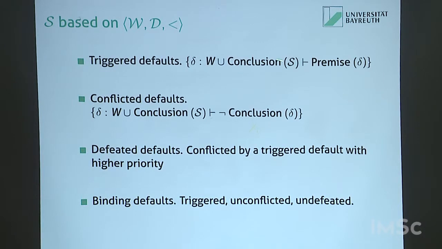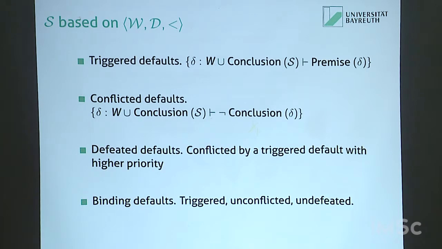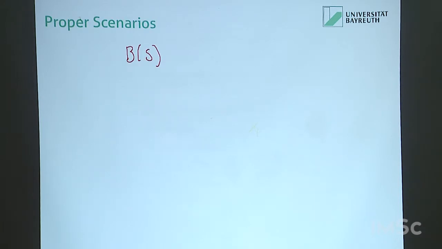There might be new things that are triggered, because now I have new conclusions that I can add, and whether new things are conflicted, new things are defeated, and I compute the new binding defaults and I go on. And the idea of a proper scenario: so let me write B of S, and you remember S is always a scenario based on a given default theory. It's just the binding defaults in that theory.